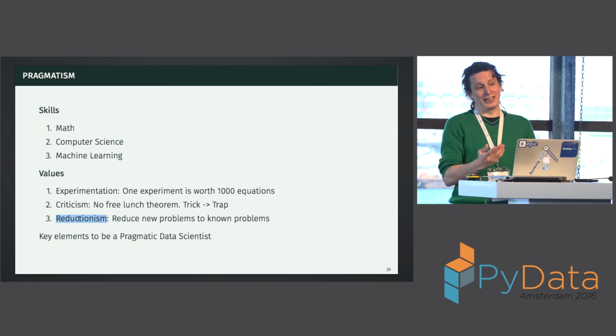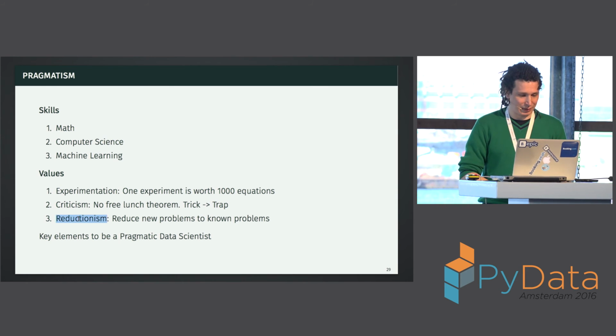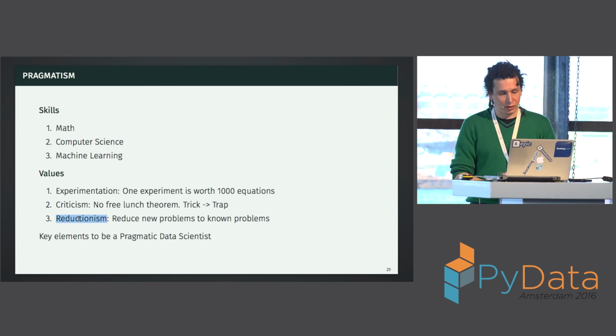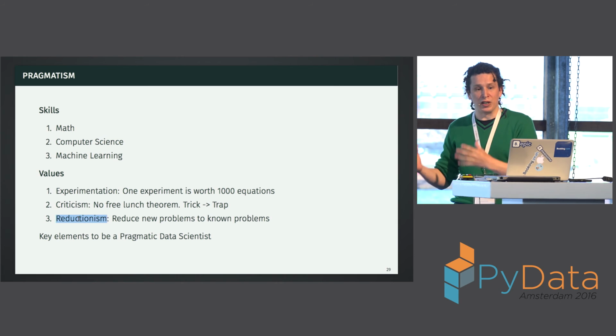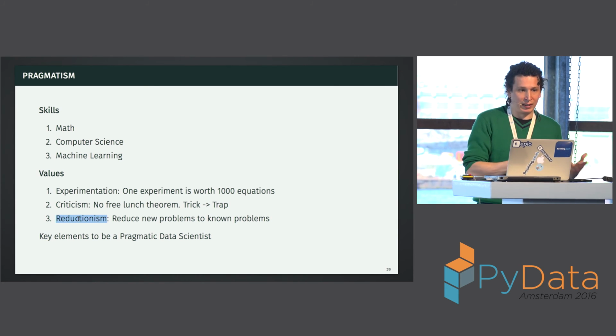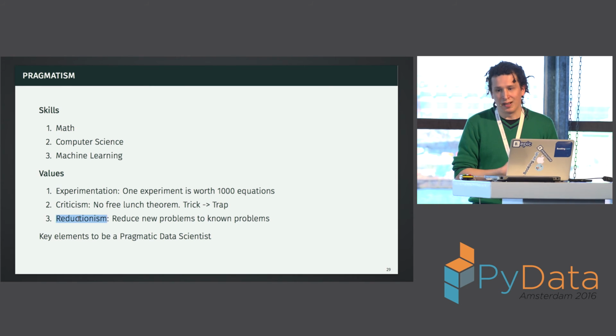And finally, another value that I propose is reductionism. I think this is very important, to reduce new problems to very well-known and studied problems. This is a very philosophical thing, of course, but there is actually a machine learning field called reductionism.